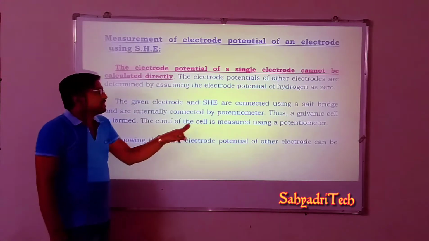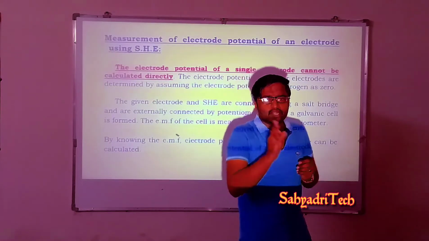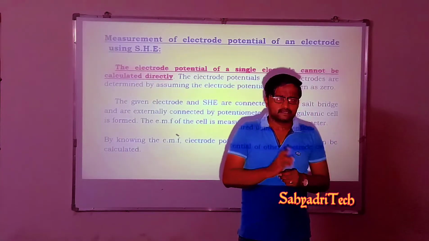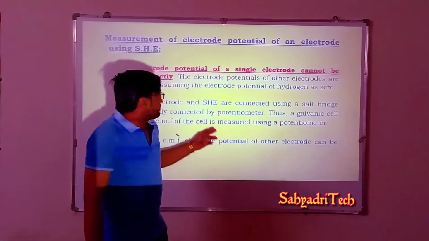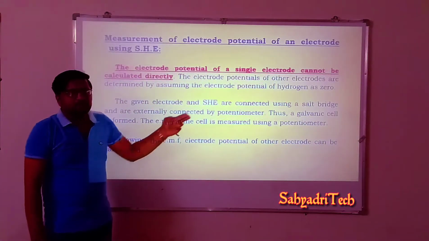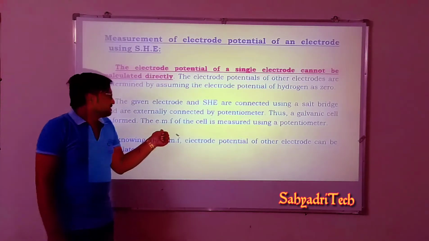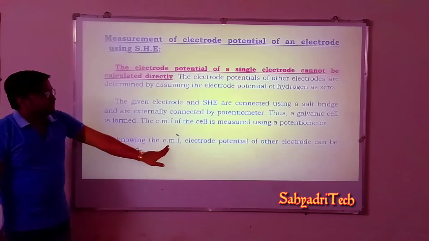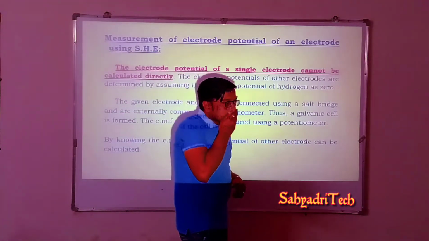So we say the galvanic cell is formed. The EMF of the cell is measured using a potentiometer. Means whatever deflection we observe in a cell indicates the EMF of the cell. So with the help of that potentiometer, we are going to note down the EMF. By knowing the EMF, the electrode potential of the other electrode can be calculated by using the formula.